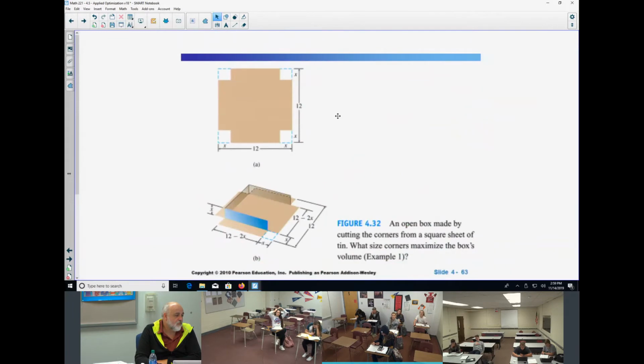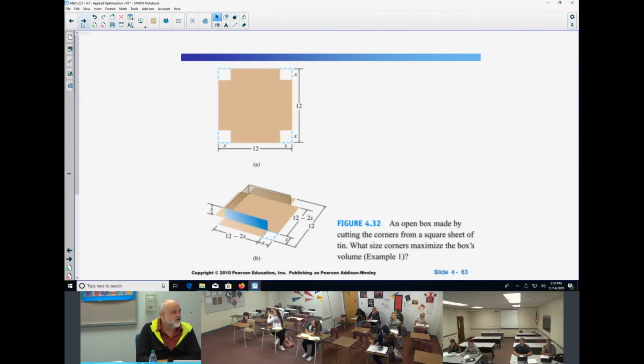Would it be 6? Because in your original equation, that's going to make it be 0, right? Yep. So if you're cutting off from your piece of tin or whatever the x by x corners, well, if there's 6 by 6, you'll have no volume. So that in fact will give you the minimum volume, 0. Okay. So throw that answer away. We don't want 0 volume. What we're trying to figure out is the maximum volume.